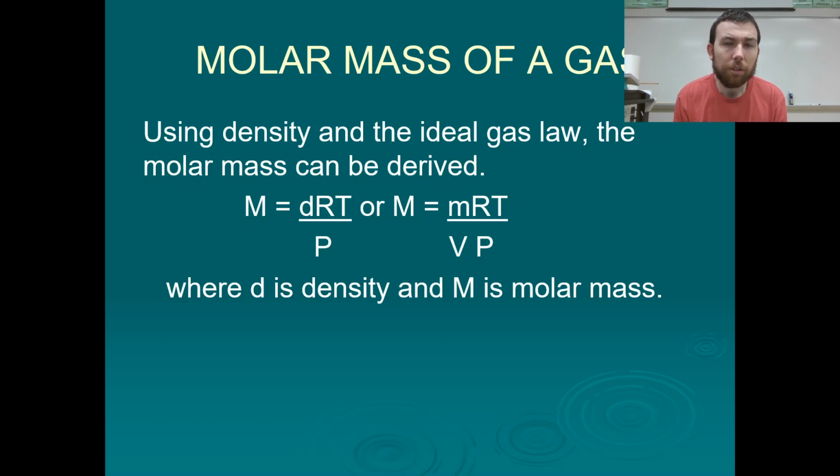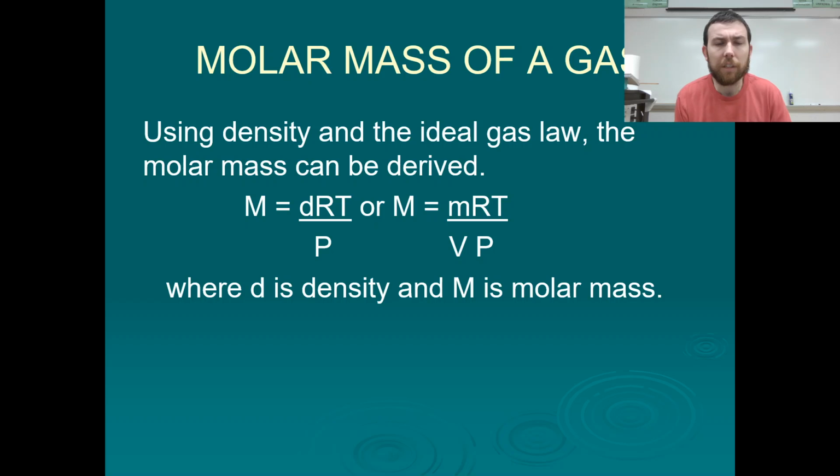Or you could say that the molar mass of a gas is equal to the mass of that gas times the gas constant times the Kelvin temperature, divided by the volume times the pressure, right? And again, d is density and M is molar mass. And so these are just some different ways in which we can use the ideal gas equation.